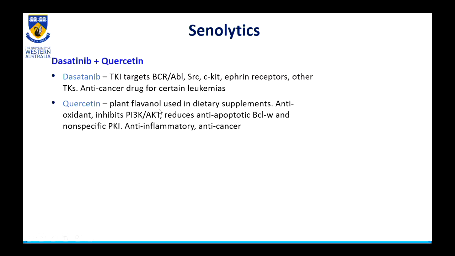Quercetin, on the other hand, is a plant flavonoid used in dietary supplements. It's an antioxidant, inhibits the PI3 kinase AKT pathway, and reduces the anti-apoptotic BCL. BCL is anti-apoptotic, so what you want to do is get rid of that, and quercetin reduces it. It's also a non-specific protein kinase inhibitor. It's anti-inflammatory and anti-cancer.